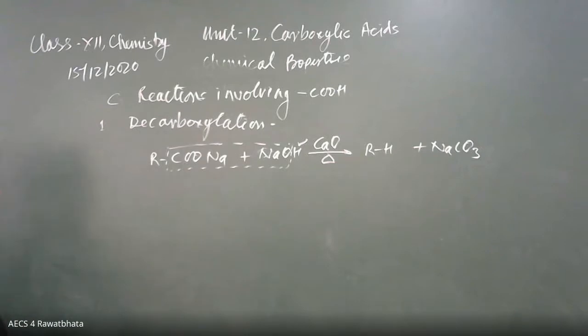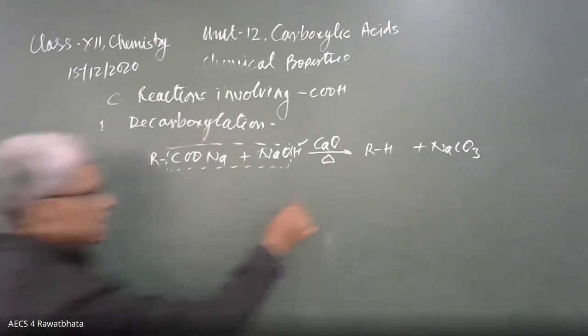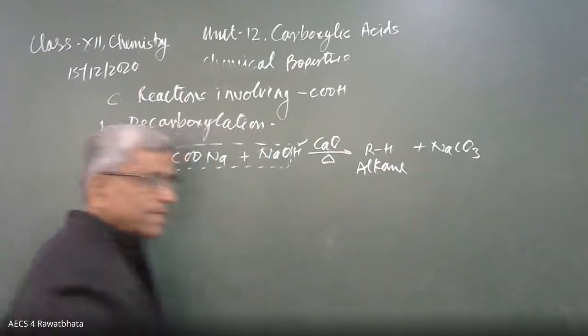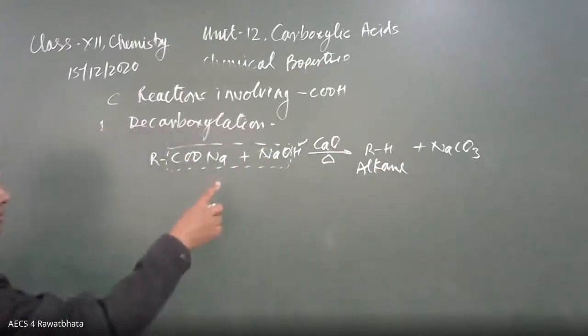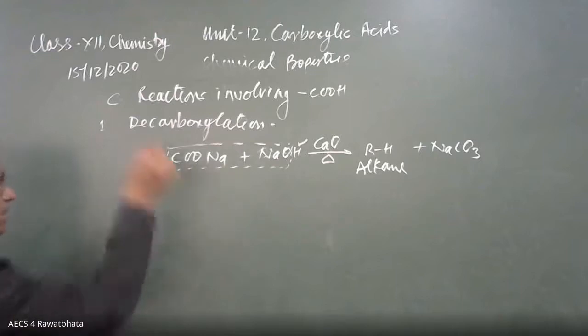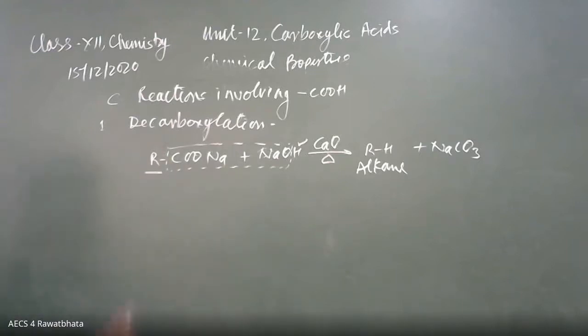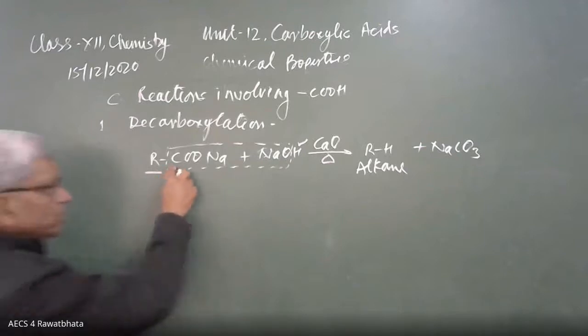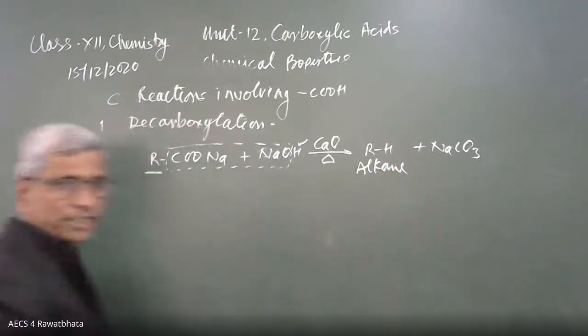In this process, whatever alkane is obtained, the number of carbon atoms in that alkane is decided by this alkyl part. If it is CH3COONa, we get CH4. Means there is one carbon short. That carbon is coming out in the form of sodium carbonate.